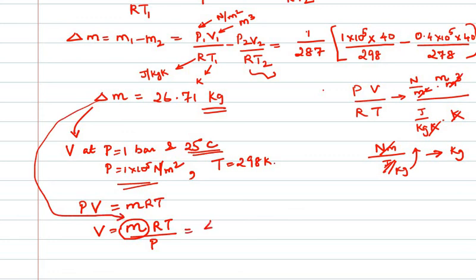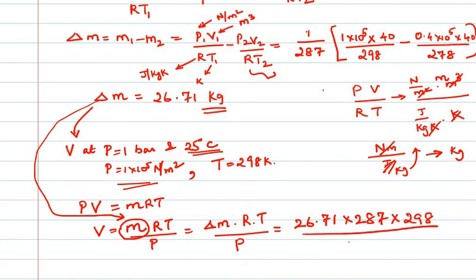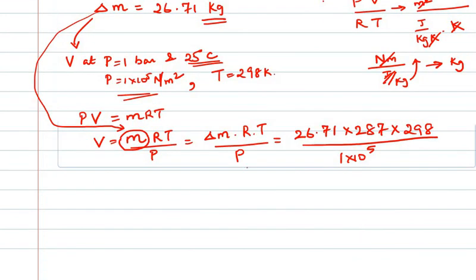Or you can write in general as delta M R into T divided by P. That is equal to 26.71 into 287 into temperature 298 divided by pressure, that is 1 into 10 power 5. So on solving this, I will be getting volume V is equal to 22.84 meter cube.